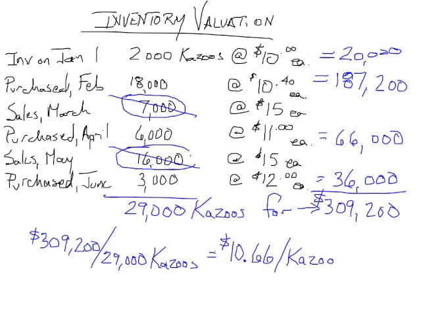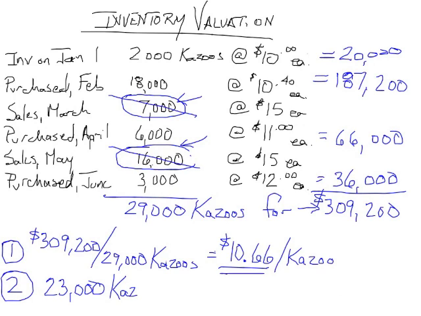So what we're going to do with this number, this was step 1. Step 2 is we're going to apply it to the amounts we sold, which are the numbers I just crossed out, the 7,000 and the 16,000, for a total of 23,000 kazoos. So we take 23,000 kazoos times $10.66 each, or per kazoo, which equals our cost of goods sold under the weighted average or average cost method.